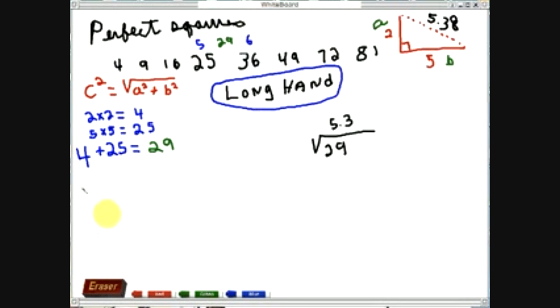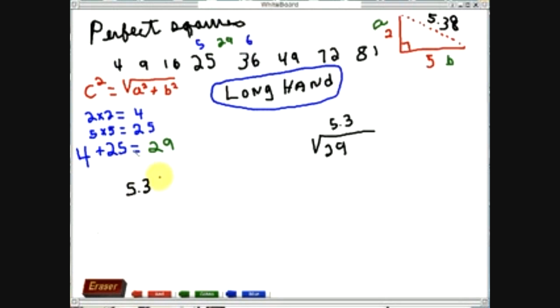So now we're going to try to figure out the second decimal place. Remember earlier how we did that? We went 5.5 to find a midpoint. Well, we're going to do the same thing here. We're going to try to find a midpoint. So we have 5.3.